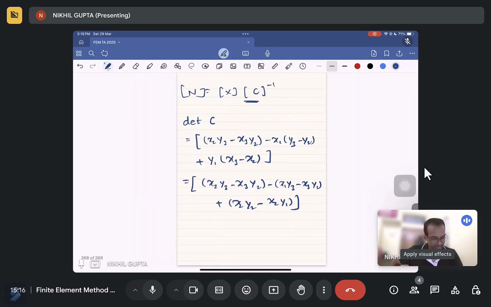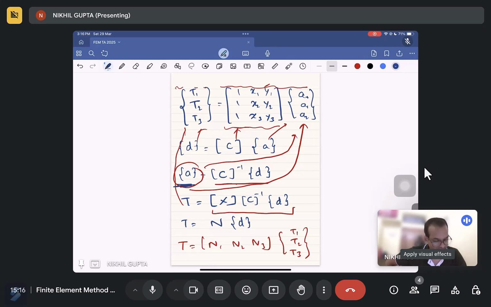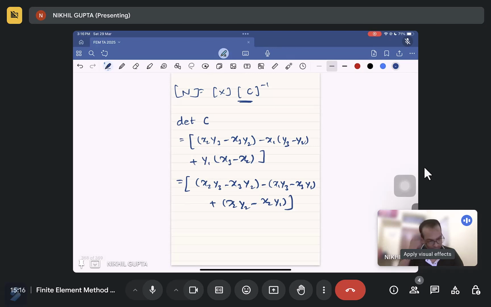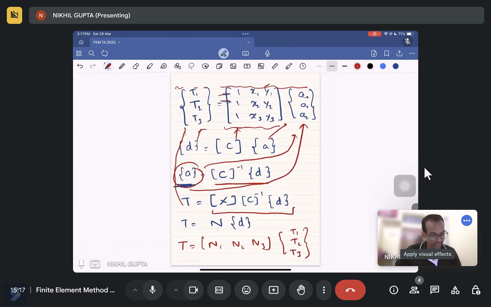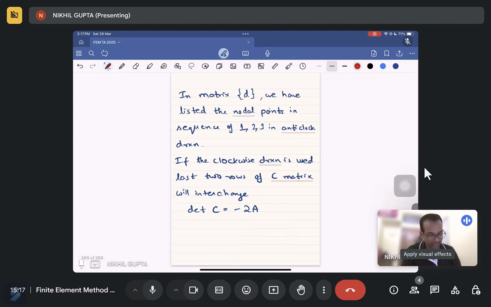So C matrix is this. When you interchange these two rows and find the determinant, you will get a negative sign. When you solve this determinant, you will get a positive sign when you are using an anti-clockwise direction. But if you use a clockwise direction, one of the rows will be interchanged and it will give you a negative sign. Determinant C is equal to 2 of the area, and area cannot be negative.